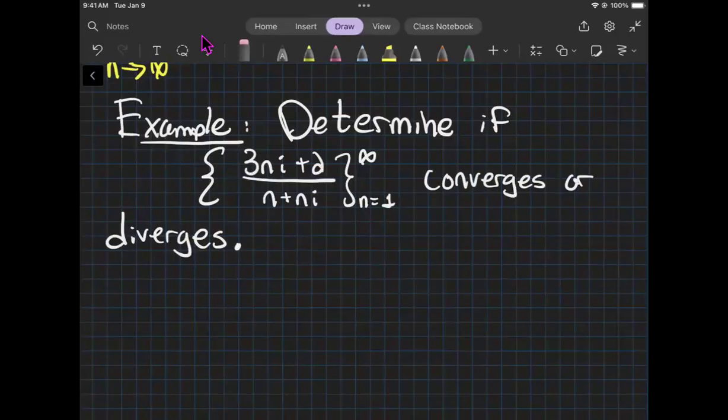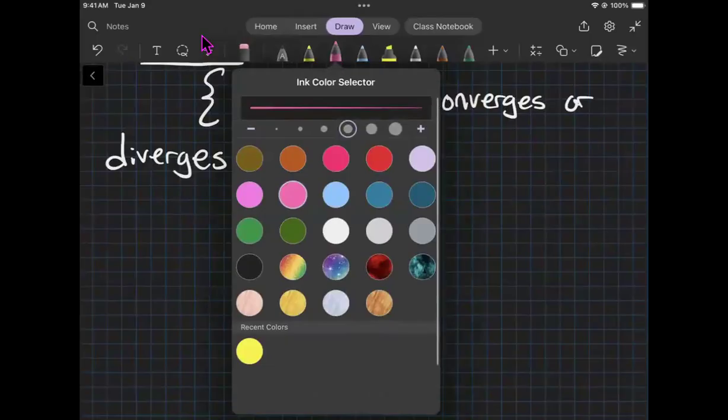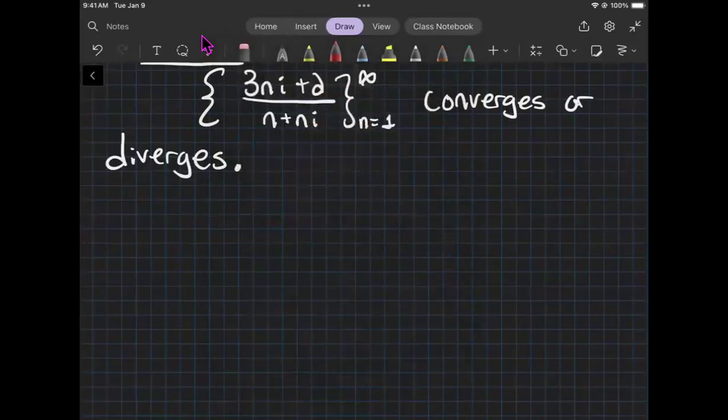Okay, so I assume you worked on this example. Let's see if the sequence converges or diverges. The sequence of complex numbers looks like this, with n plus n times i in the denominator.